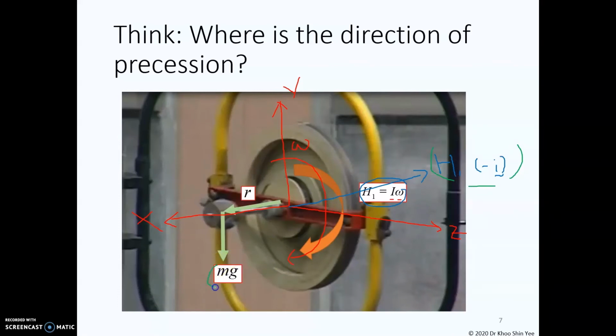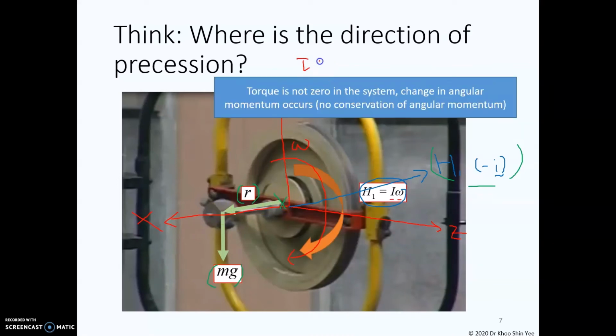So you have the force equal to mg from the mass, and you have the displacement vector measured from the center of rotation to the mass. We know that torque is equal to radius crossed with the force. Since the torque is no longer equal to 0 in this case, there is a change in the angular momentum, and we say this is non-conservation of angular momentum.